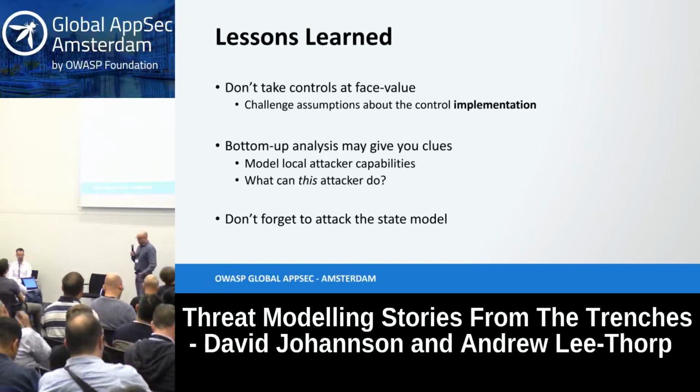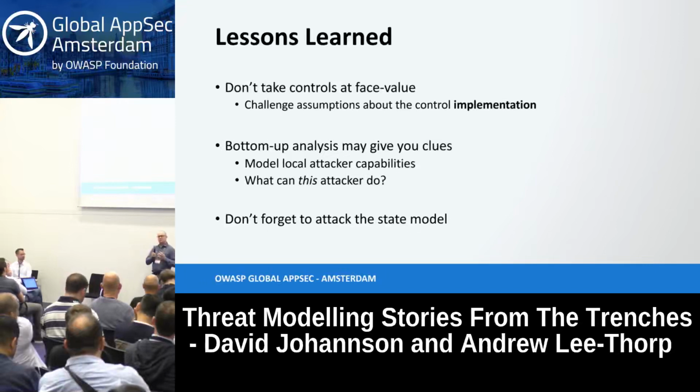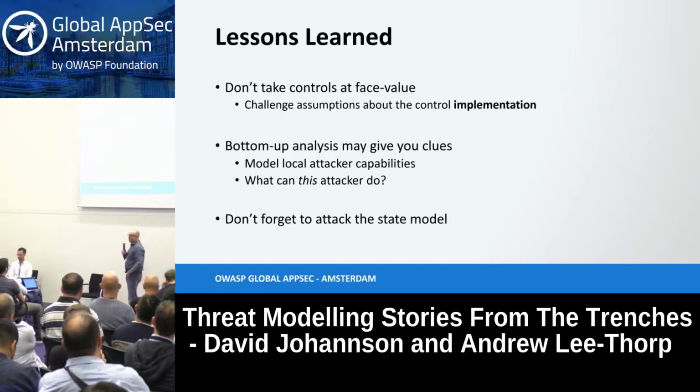The other thing is sometimes if you just think locally, it gives you some ideas about a new attack possibility. If we just think, what can this attacker do? Then sometimes that can open up new attack possibilities, because your traditional alternative is an attack tree, which is a top-down approach. Sometimes you take a bottom-up approach and it gives you new possibilities. And the other thing is, when you do threat modeling, don't forget to attack the state model.